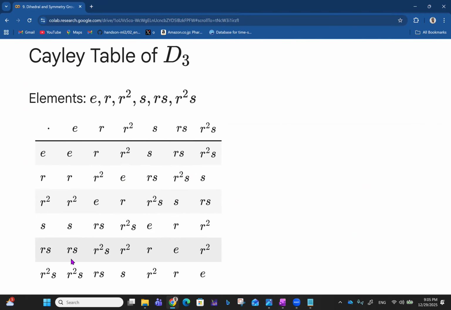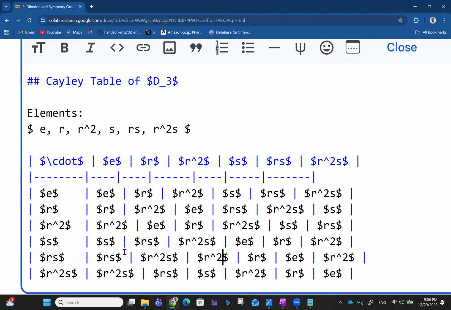So rs times e is rs. Rs times r is r^2s, yes. Rs times r^2 is r^3s. R^3 is e, so this will just be s, I believe.